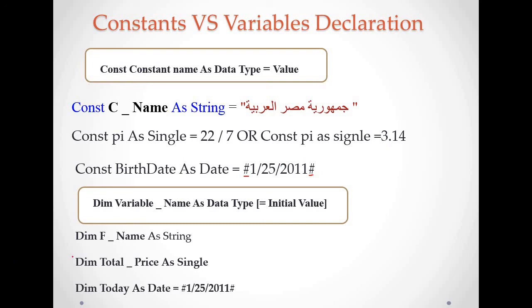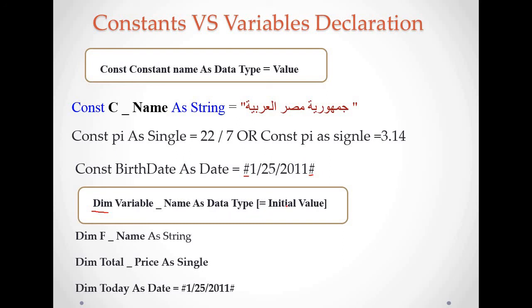Okay, let's move to the variable. We start the variable with the word Dim. So Dim refers to the variable, or to declare a variable. Then we put the variable name. Then after the word As, we should put the data type.